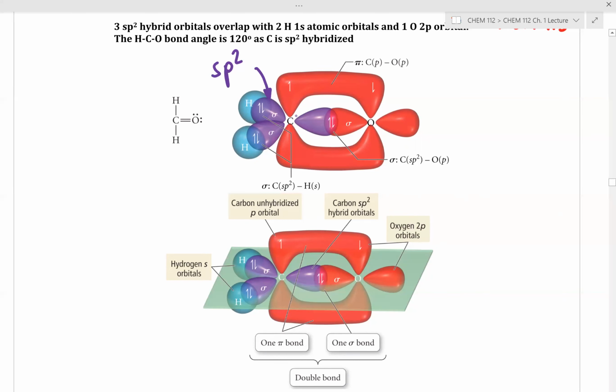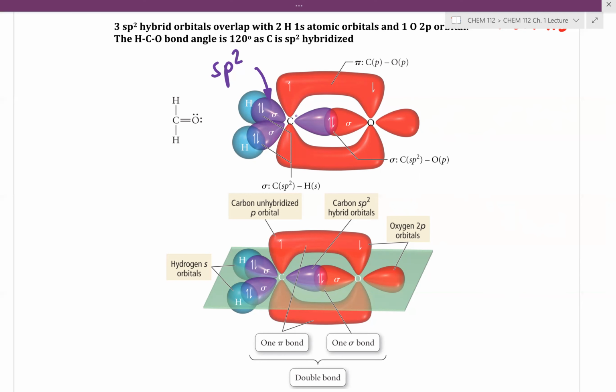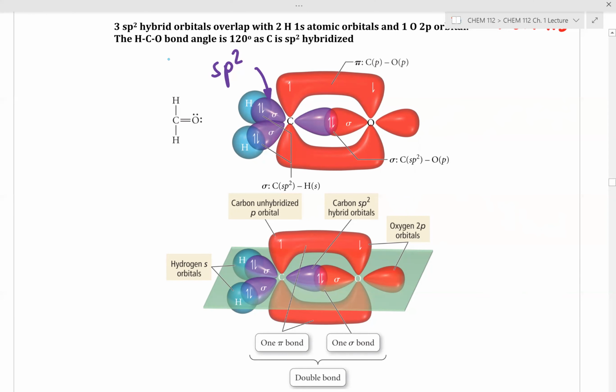So how many single bonds do we see attached to carbon? 3. 1, 2, 3. Okay. Labeling the orbitals that hydrogen is using as part of these carbon-hydrogen single bonds. What orbital is hydrogen using for chemical bonding? Yep, it's an atomic orbital. It's a hydrogen 1s orbital.